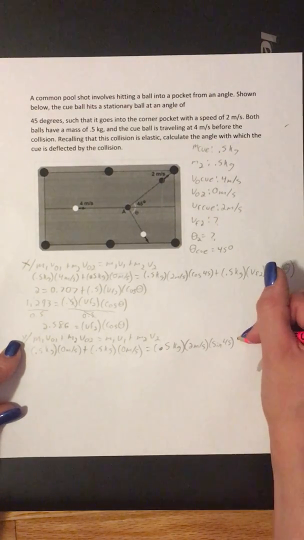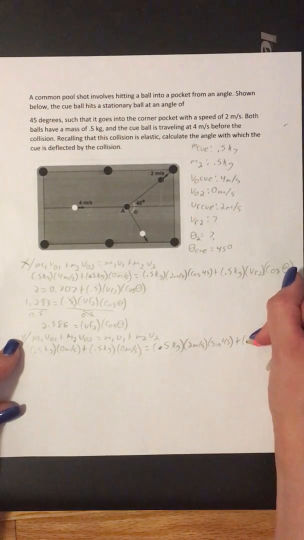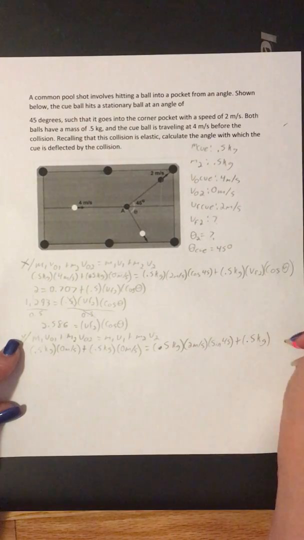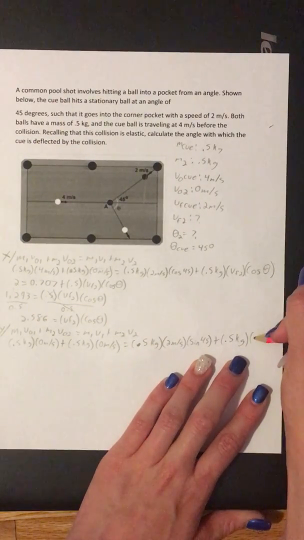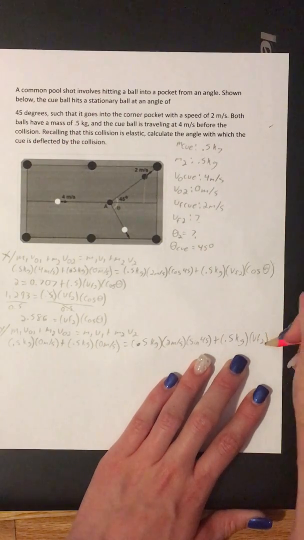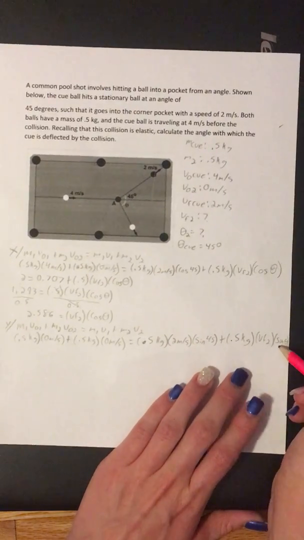Okay, and then plus the other mass of the ball. The other ball is 0.5. And then again, we do not know what this velocity is, so we will leave it as VF2. And this time we use theta.